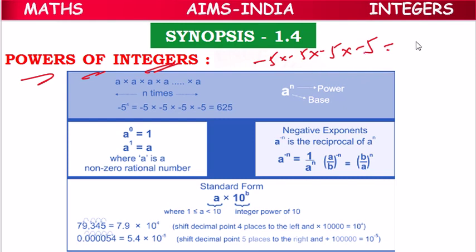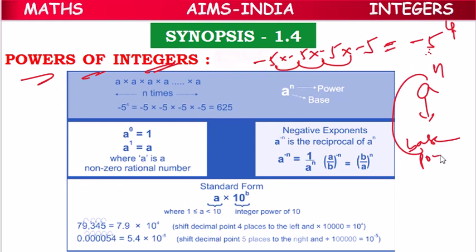At that time, we can write it as minus 5 to the power of 4, which is in the form of a to the power n, where a is considered as the base and n is considered as the power. Means the product of integers can be written in terms of base and power.